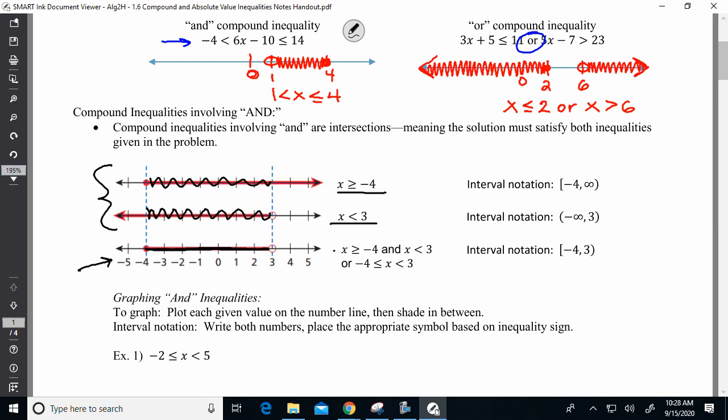So notice you can write it using the word "and", or you can write it in its combined format. I personally don't care which way you write it, although that format's the most common.